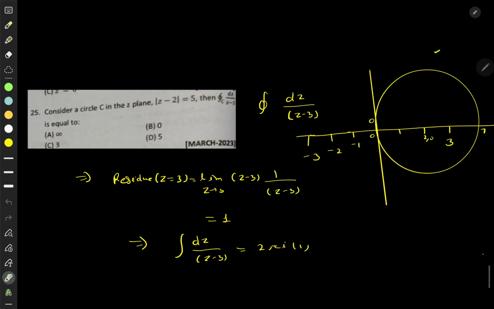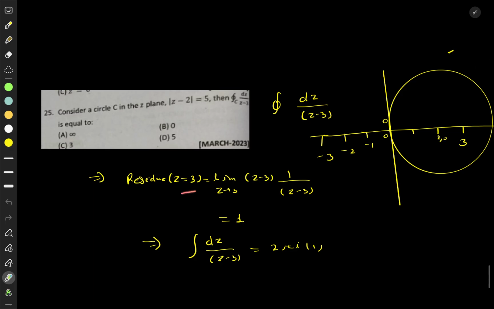Okay. Now we have to calculate the residue at z equal to 3. So limit z tends to 3 and it will give you 1.